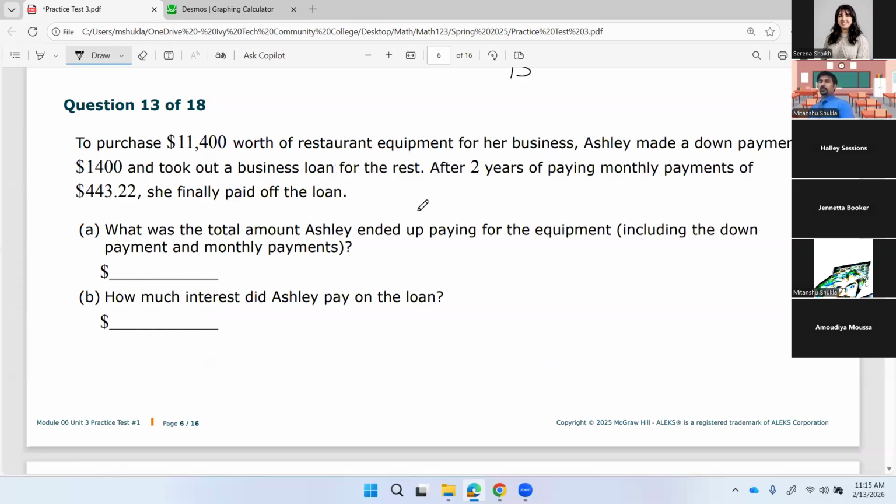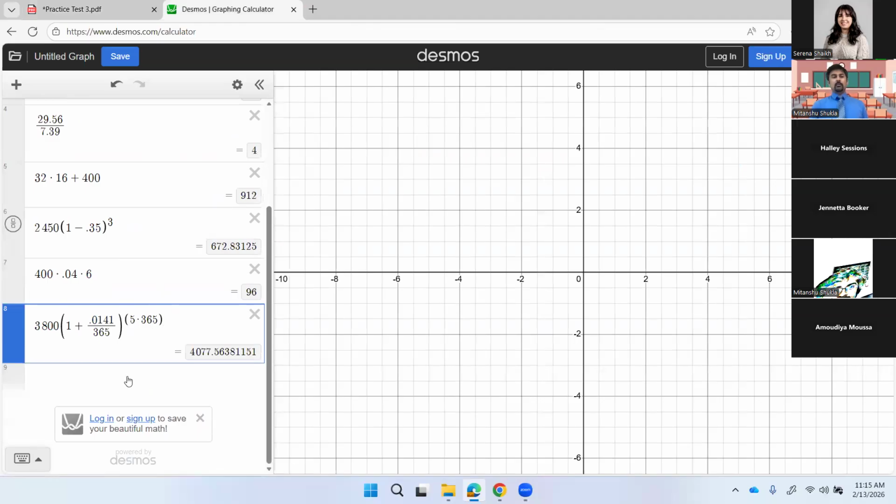To purchase $11,400 worth of restaurant equipment for her business, Ashley made a down payment of $1,400 and took out a business loan for the rest. After 2 years of paying monthly payments of that much, she finally paid off the loan. Okay. So what was the total amount that Ashley ended up paying? Well, if she made $443.22 monthly payments, and she paid that for 2 years, how do I find out what her total payment was?